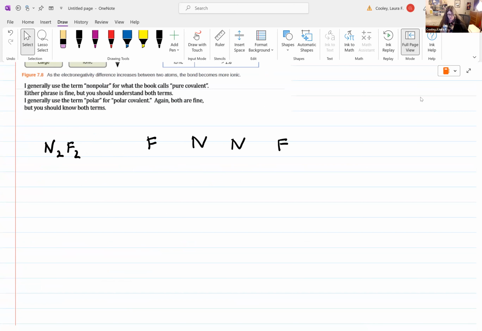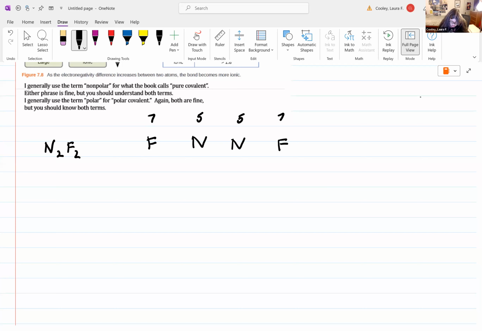What's the valence of nitrogen? 5. So what's the valence electrons for fluorine? Seven. It's in group 7, so it's 7.